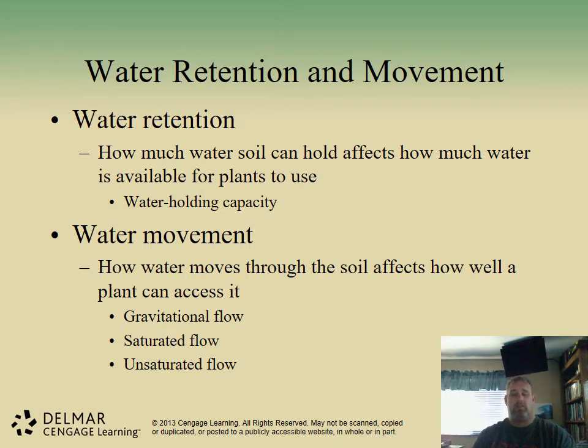We discussed in the particle type lecture, clay versus sand, and these saturated and unsaturated flows follow the sand, where you'll have straight down flow, whereas maybe in a clay soil you'll have more side to side flow. So these flows are dependent upon different types of soils and different types of soil particles within those soils.